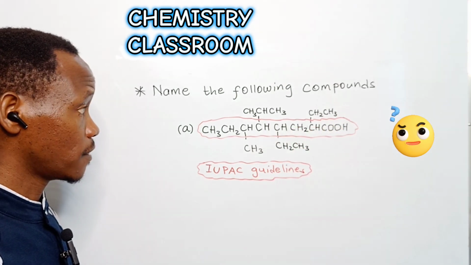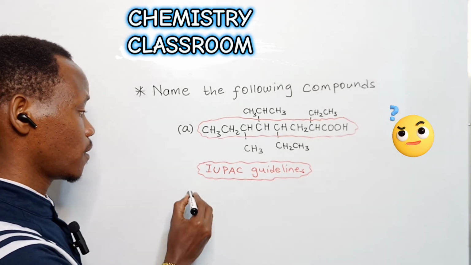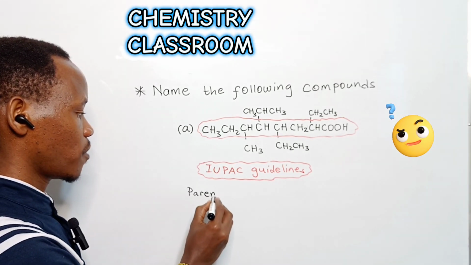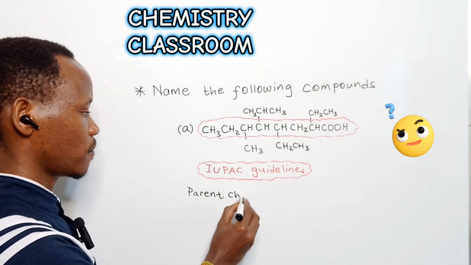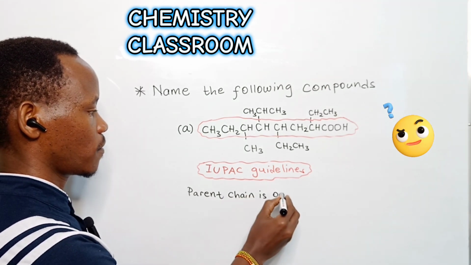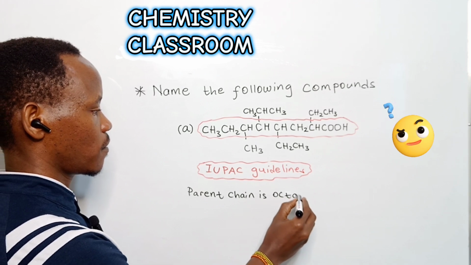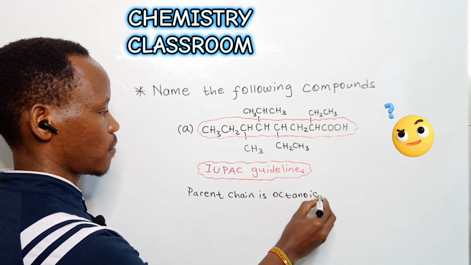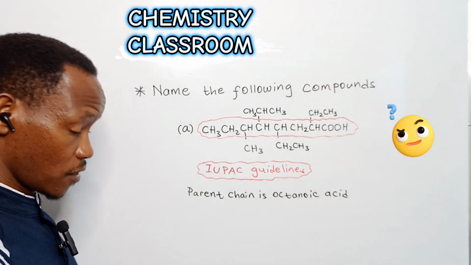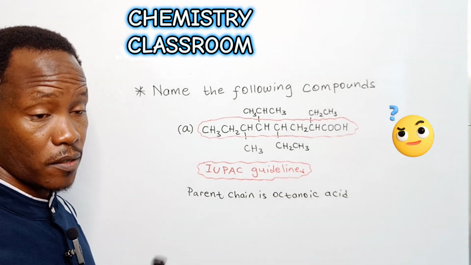Now, since it has 8 carbon atoms, we also identify that our parent name is therefore octanoic acid. So that becomes our first guideline.